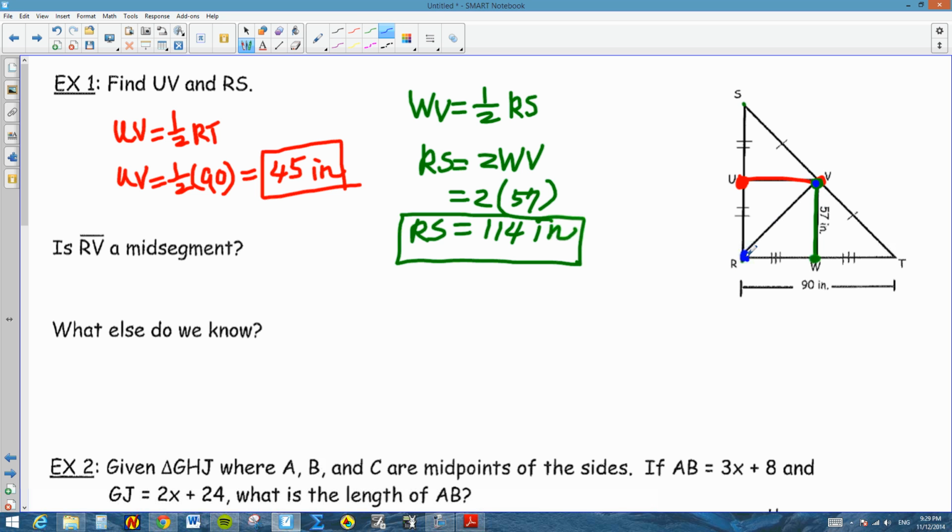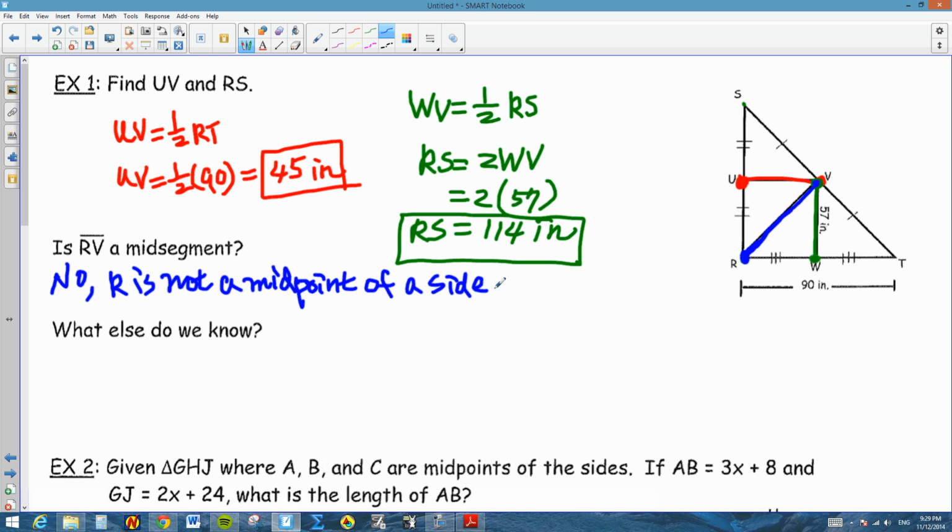So you connect R with V. Since R is not the midpoint of any side, the answer is no. R is not a midpoint of a side.